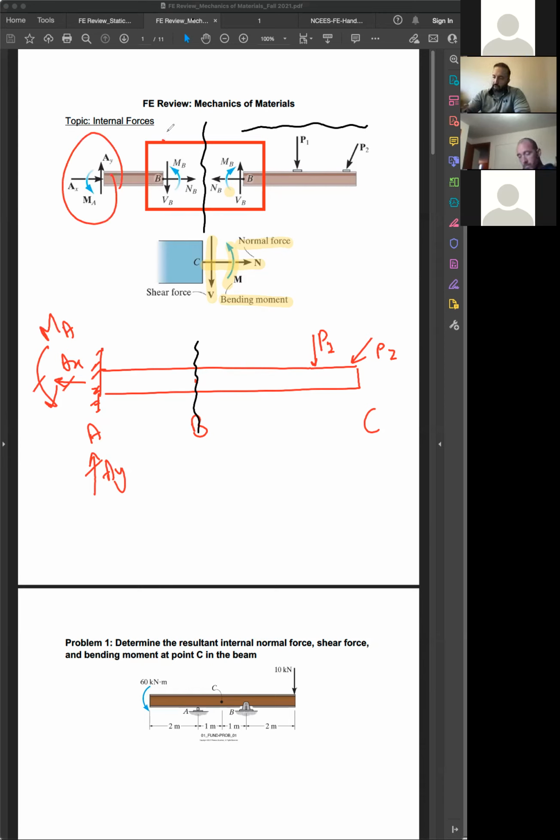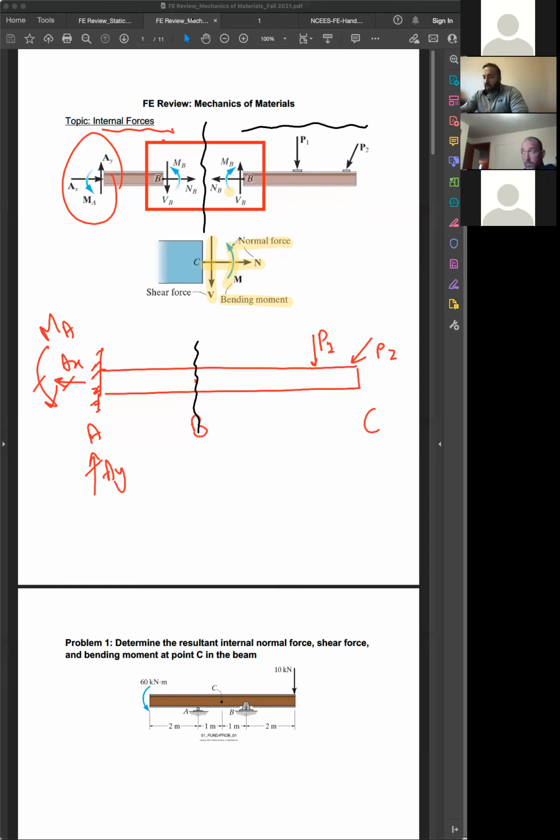So this would be your left structure. These are two separate structures after you cut them. So three internal forces and the other forces that can be support reactions or the external forces applied to your system.